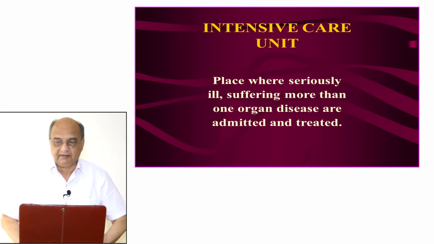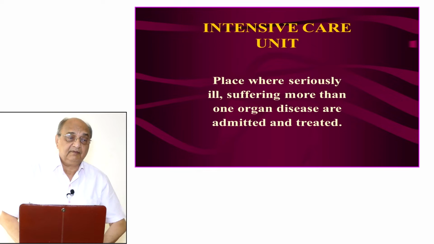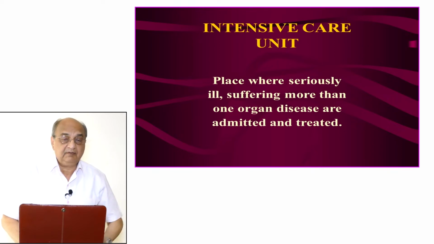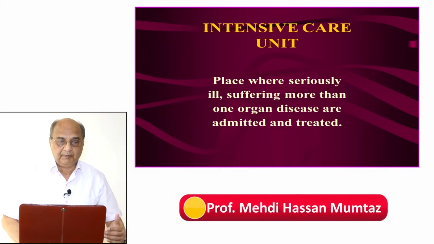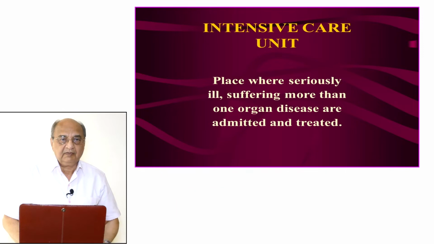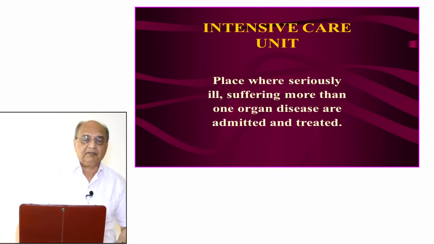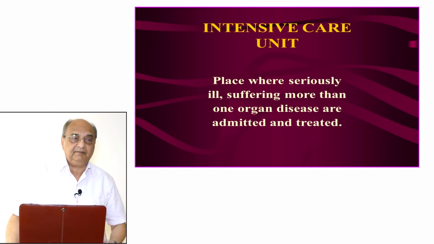According to the standard, any patient who is admitted in the hospital is divided into different levels: level 0, level 1, level 2, level 3, and then level 4. Level 0 is any patient who is admitted, for example, for some operation and does not have any comorbidity.